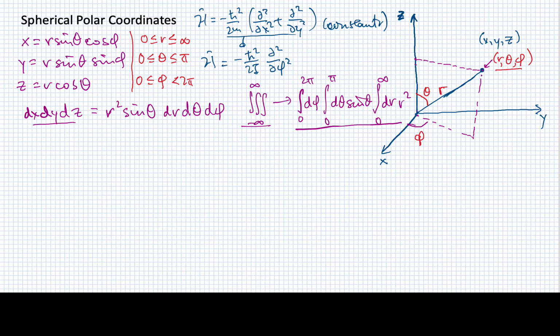It's also important that we change our differentials. This is similar to what we did in the case of the particle in a ring system. If we have a differential with respect to x, we need to write that in terms of differentials in r, theta, and phi.